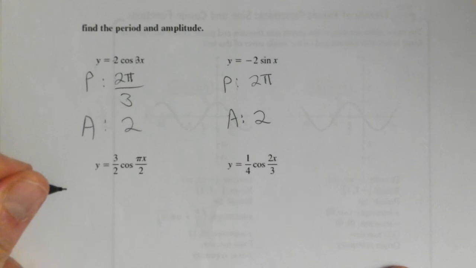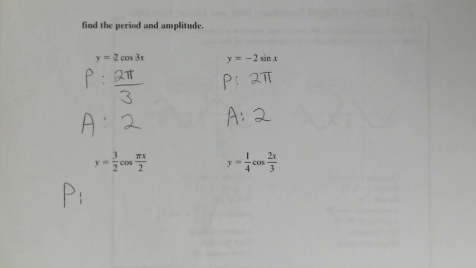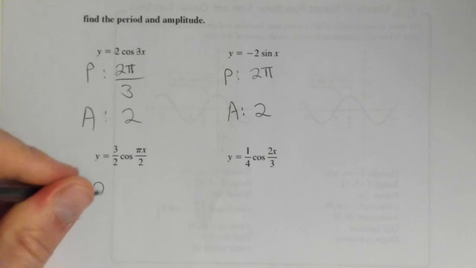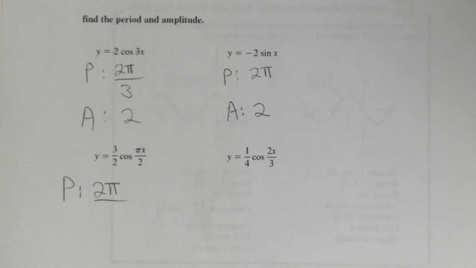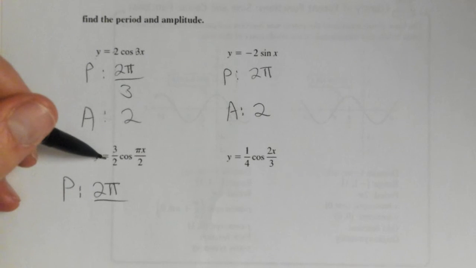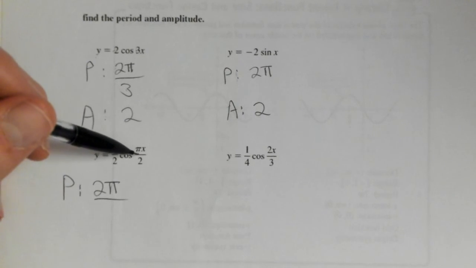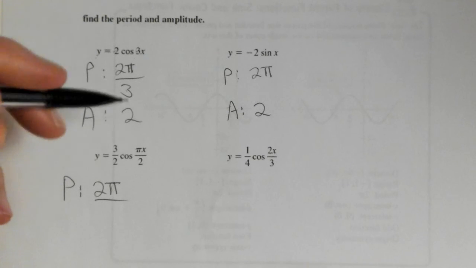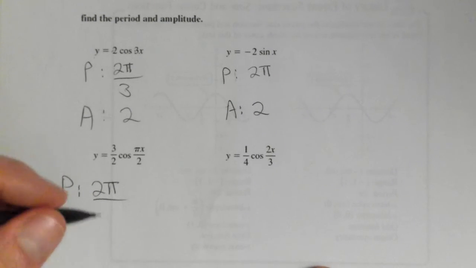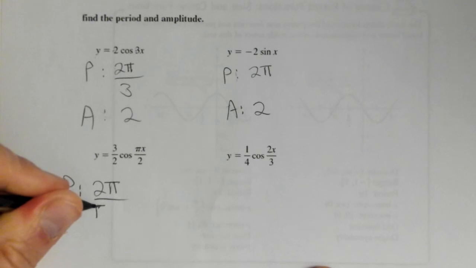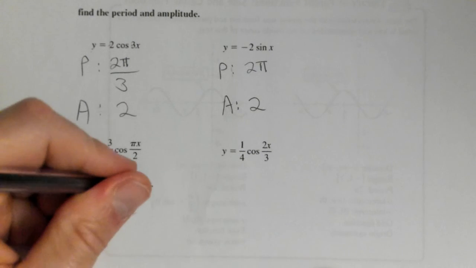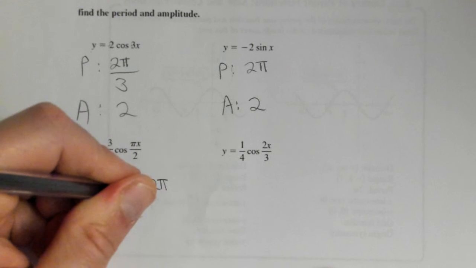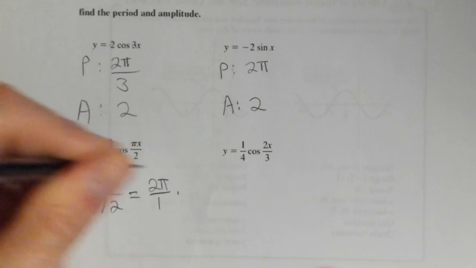What about if I want the period here? Okay, so let's talk about it. Period is going to be 2 pi over b. So the question becomes, what's my b here? As we're looking at it, remember the b is the coefficient of the x, which is going to be pi over 2. Now I'm ready to multiply this out by the reciprocal, so I'll go 2 pi over 1, times the reciprocal of the denominator, I should say.